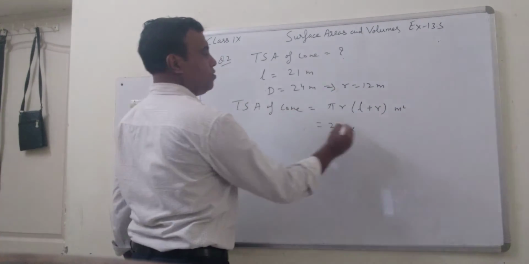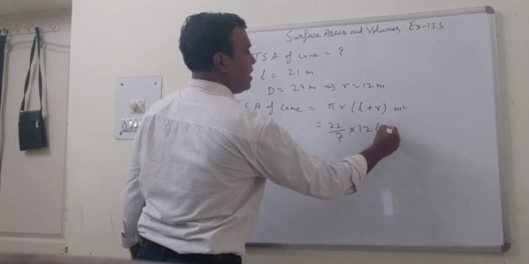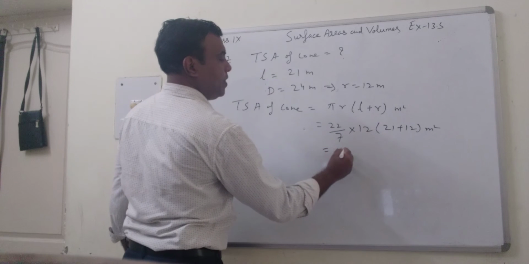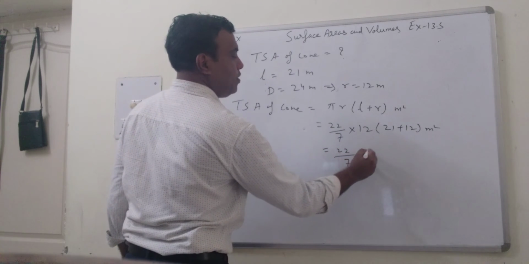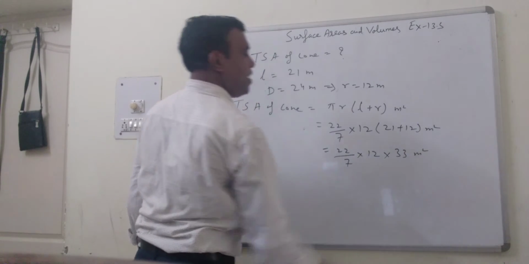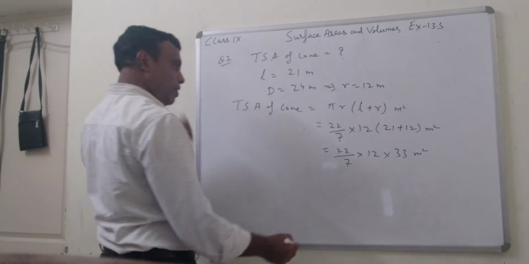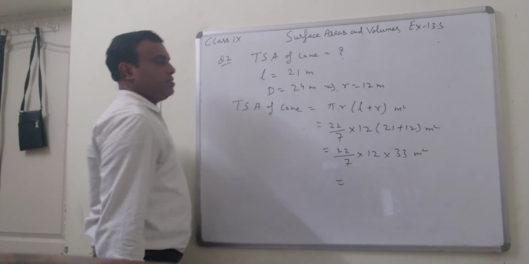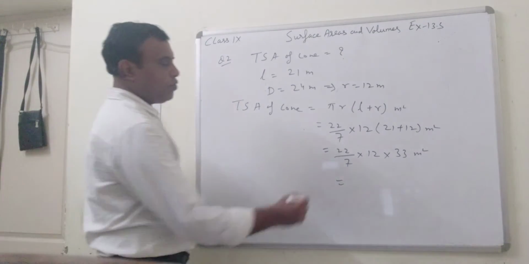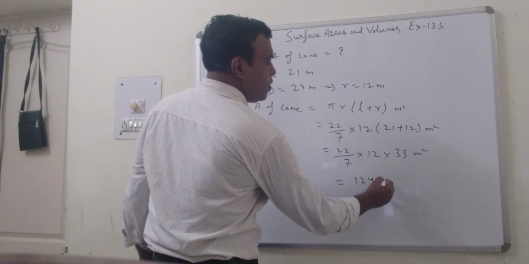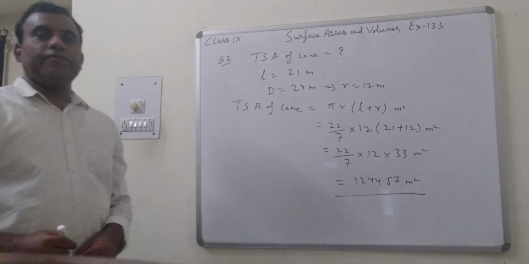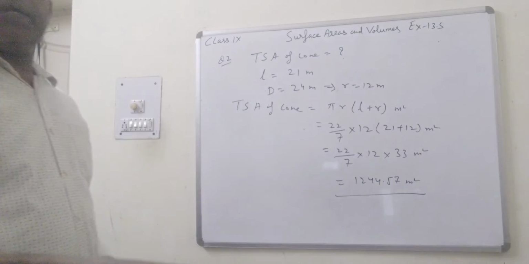Putting the values, r is 12, slant height is 21 plus 12 meter square. So it becomes 22 upon 7 into 12 into 33 meter square. When you solve it, you will get the final answer 1244.57 meter square.